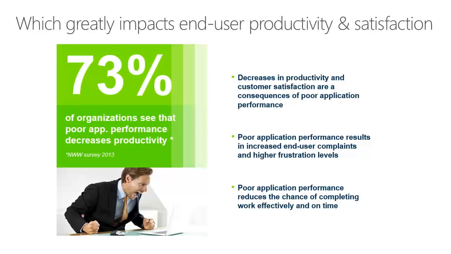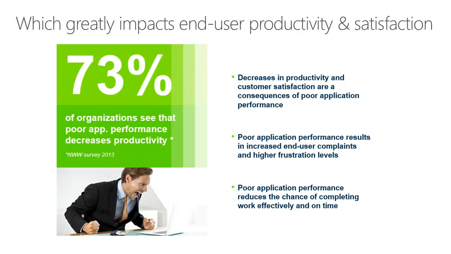What does it mean when we say application performance problem? Well, that's an interesting question. According to Network World in 2013, that actually equated to 73% of organizations seeing a real decrease in productivity for their users of their applications.